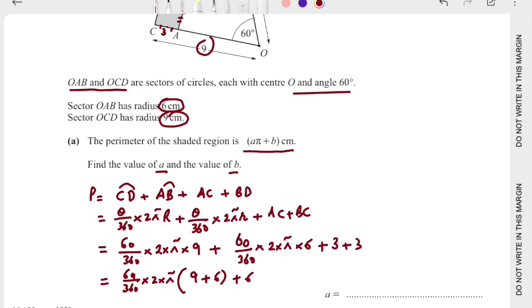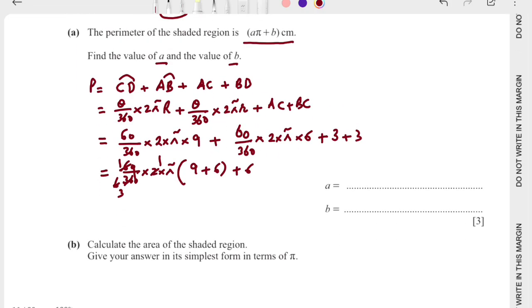Now 0 will cancel 0, 6 ones are 6, 6 threes are, and 2 times 3, so it would be 1 by 3 times pi times 9 plus 6, which is 15, plus 6. 3 ones are, and 3 fives are, so it would be 5 pi plus 6.